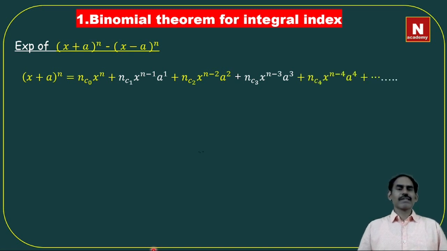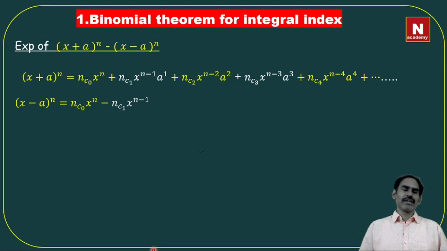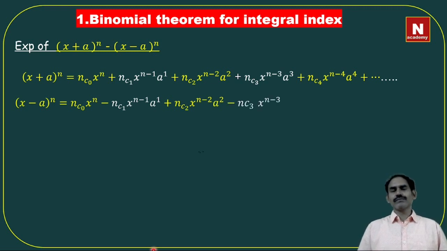Next the other expansion, (x - a)^n: nC0 x^n, alternate signs, - nC1 x^(n-1) a^1 + nC2 x^(n-2) a^2 - nC3 x^(n-3) a^3 + nC4 x^(n-4) a^4 and so on.